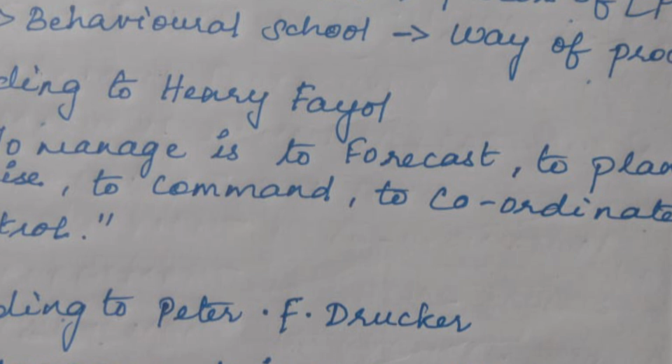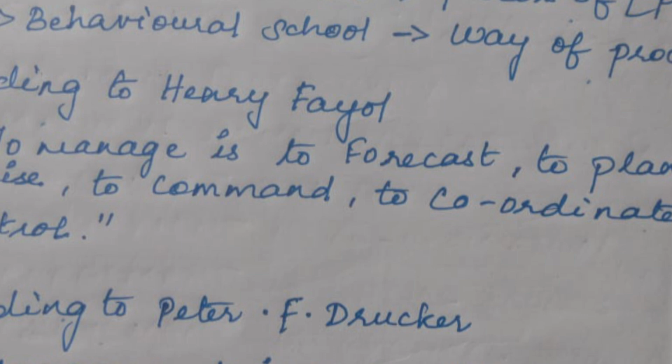The functional school defines management as a process of POCD, which means planning, organizing, directing and controlling. Next, the behavioral school defines management as a way of process. What do you mean by process? Process is something they have to do. So, these are the general definitions of management.